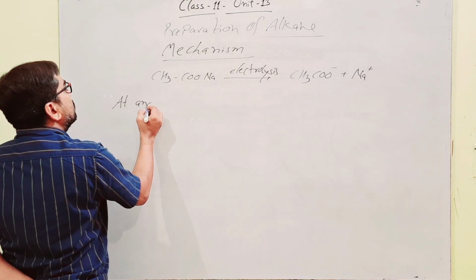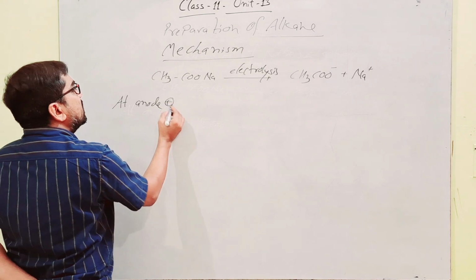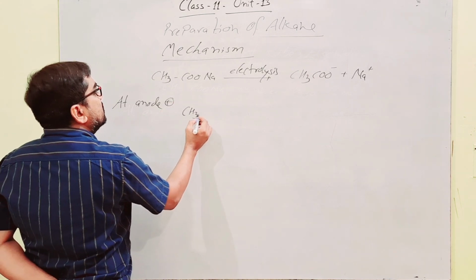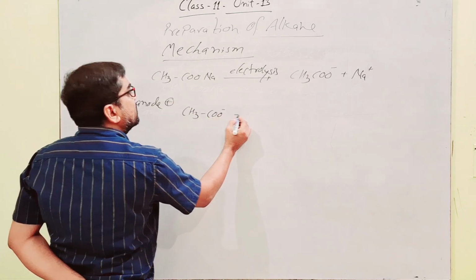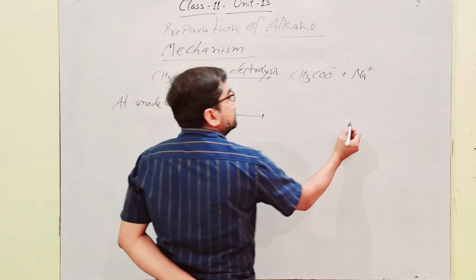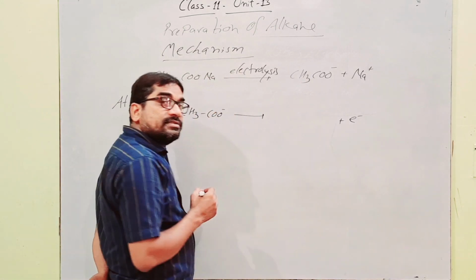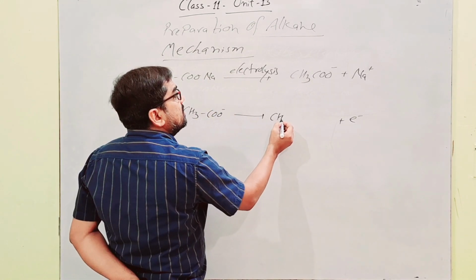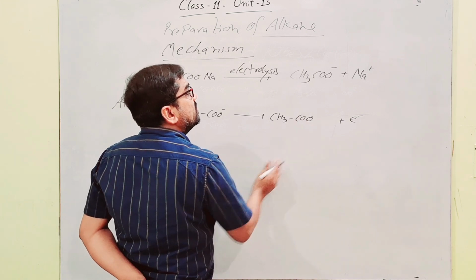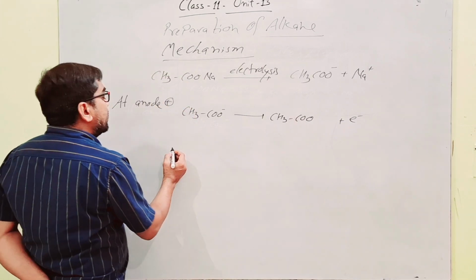At the anode, we know the anode is positively charged, so CH3COO minus comes here and gets neutralized with elimination of an electron, and CH3COO radical is formed. We can note this down.